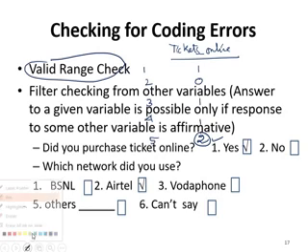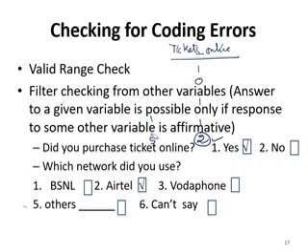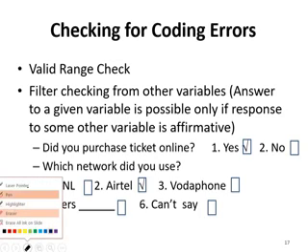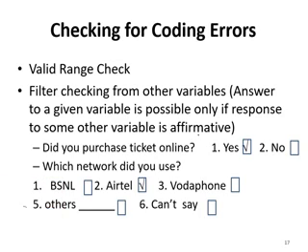Okay. Another interesting thing is filtering, checking from other variables. Now look at this. Did you purchase an online ticket? That means I check the value of a variable which is connected to some other variable. Like here you see, did you purchase the ticket online? Yes. If the answer to this question is yes, then and only then this question becomes valid: which network did you use for purchasing the ticket online?